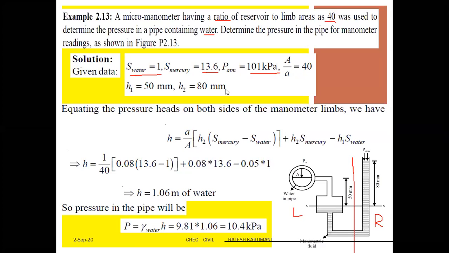Okay, now see the problem here. Whenever you are taking the values, h1 is equal to 50 and h2 is equal to 80 mm, as shown from the figure. Now equating the pressure heads on both sides of the manometer limbs, we take the earlier formula.